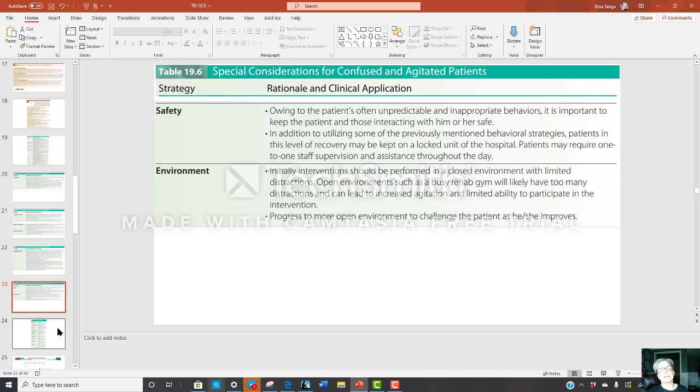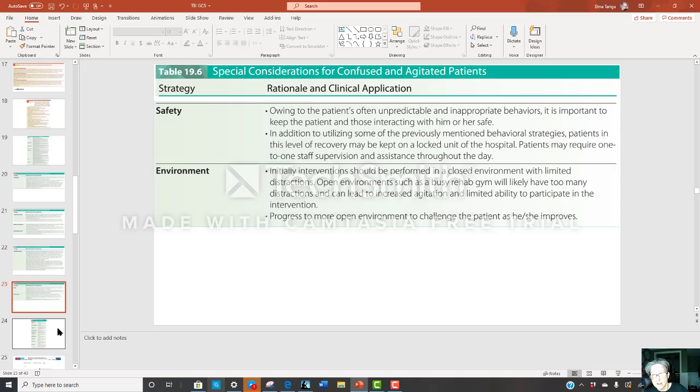Okay, so this was for confused and agitated patients. Can you remember what number that is? Well, it's not 1, 2, and 3, because those are responses: no response, generalized response, localized response. So the next 3 are what?